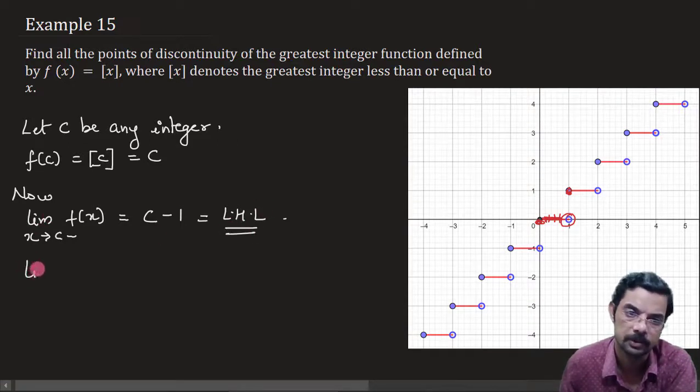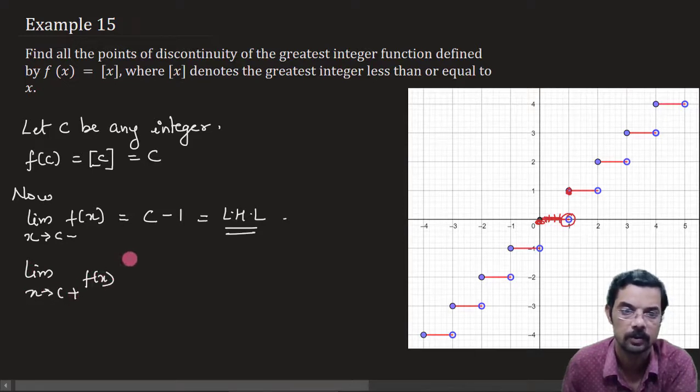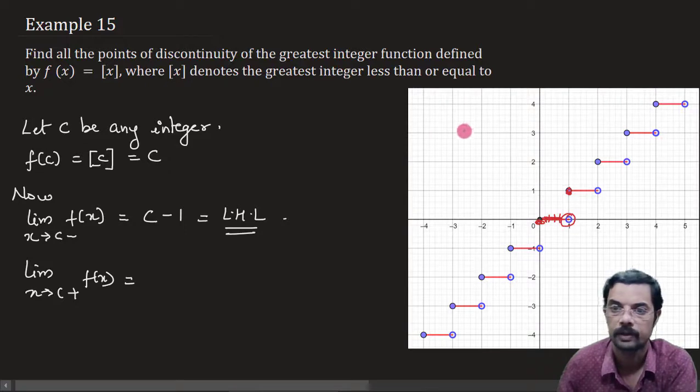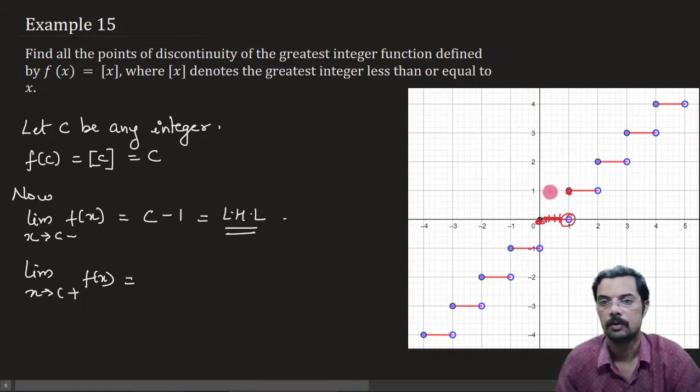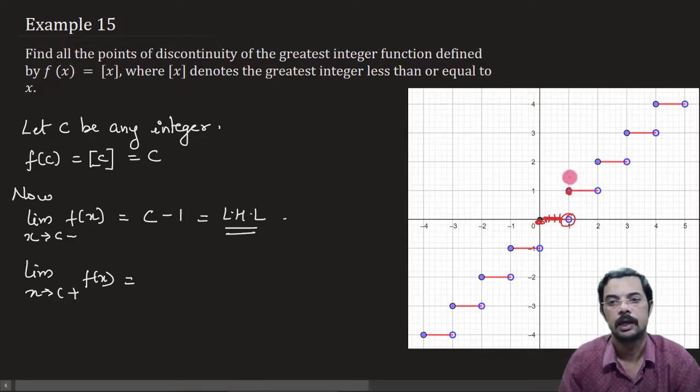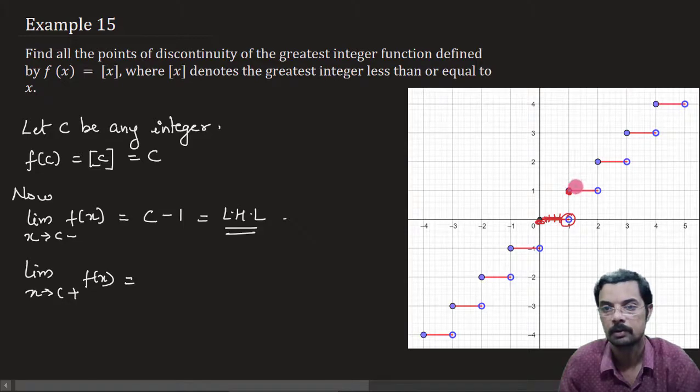Now for the right hand limit, x tends to c from the right, f of x. What happens? That will be equal to c itself. If I am taking c equal to 1, then any number to the right of 1, if x is greater than c, just greater than c, will be falling somewhere in this region.